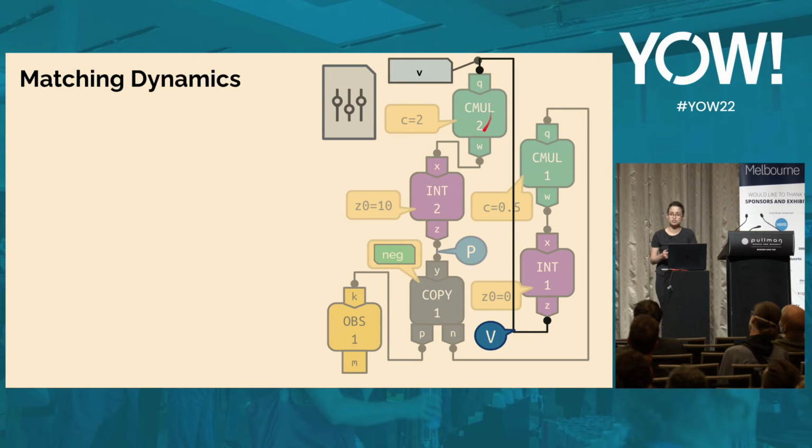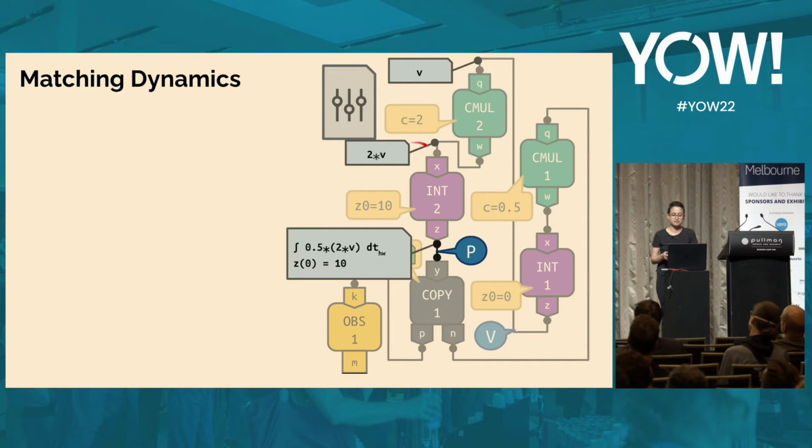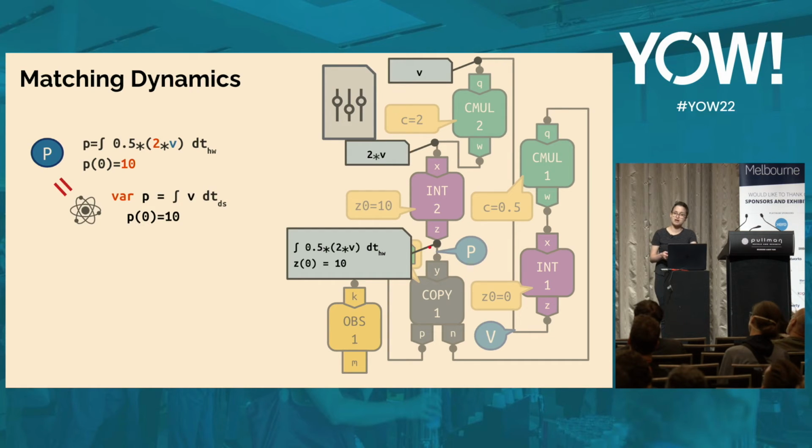So we walk through the CMOL2 block, and we find that the current being carried on this wire here implements 2 times V. And then if we walk through this integrator block, we'll find that the current carried through this wire implements the following relation. And you'll notice that this wire is labeled P, which means it should implement the position of our harmonic oscillator. So if we take the differential equation implemented by the current moving through this wire, and compare it to the differential equation that captures the dynamics of the position of our harmonic oscillator, you will see these 2 equations do not pattern match, right?